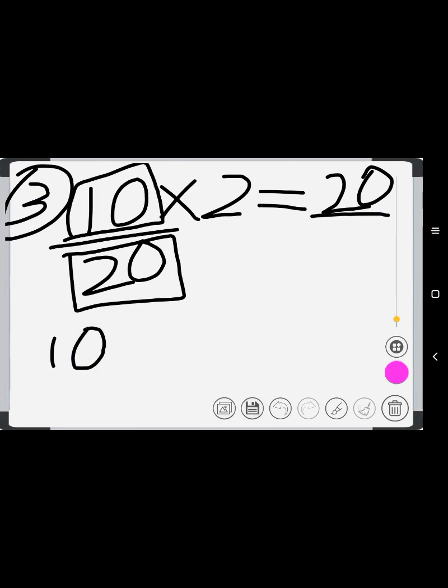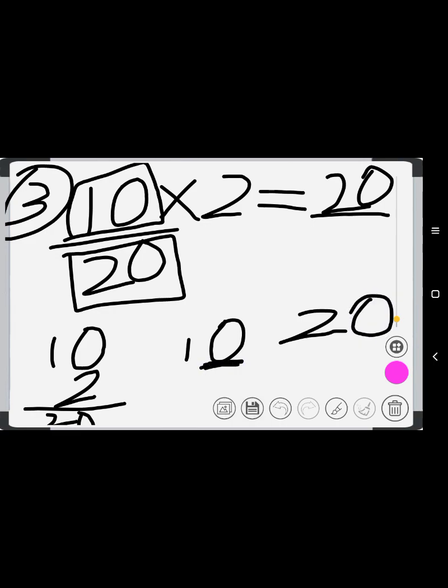You don't have to multiply the long way. That's a long way. Well, I'm going to show you the easier way. So I have 10, and I know in my head it's 2, so I'm just going to put 2 down. So you see this 0 right here? Just add it to this and get 20.